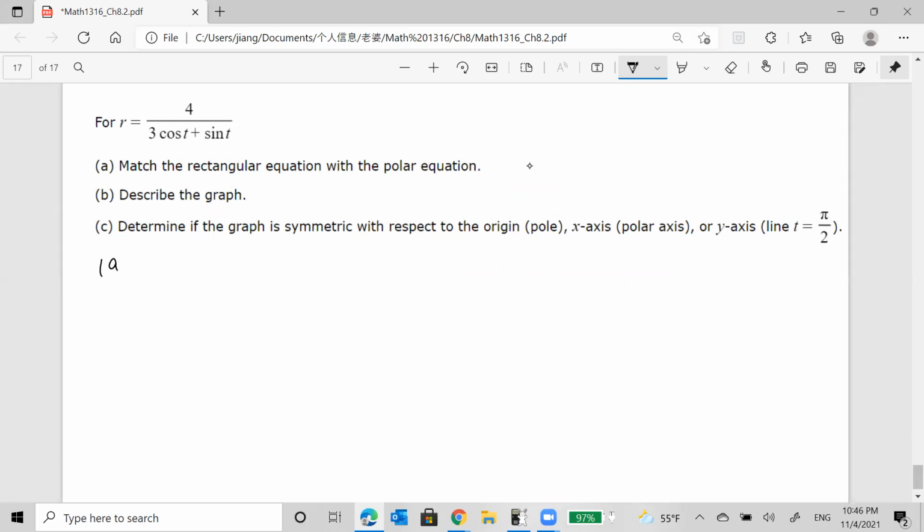I can move the bottom one to the other side, because we have learned that x equals r times cosine t, and y equals r times sine t. So if I move this one to the other side, it's r times 3 cosine t plus sine t equals 4. And then I distribute the r.